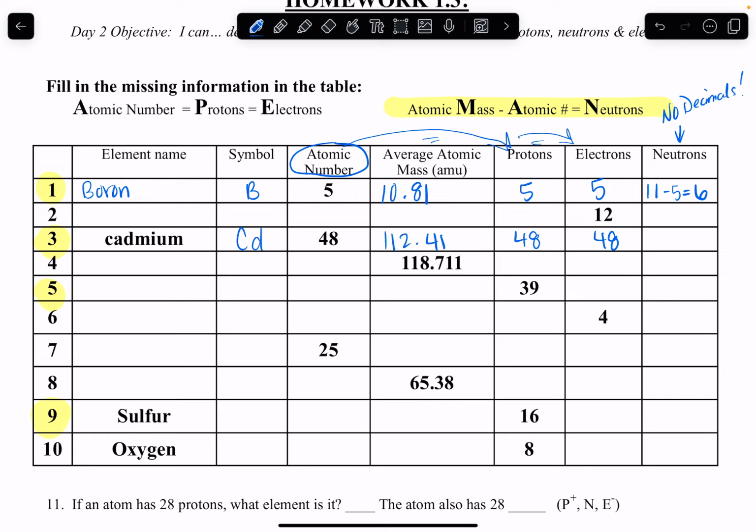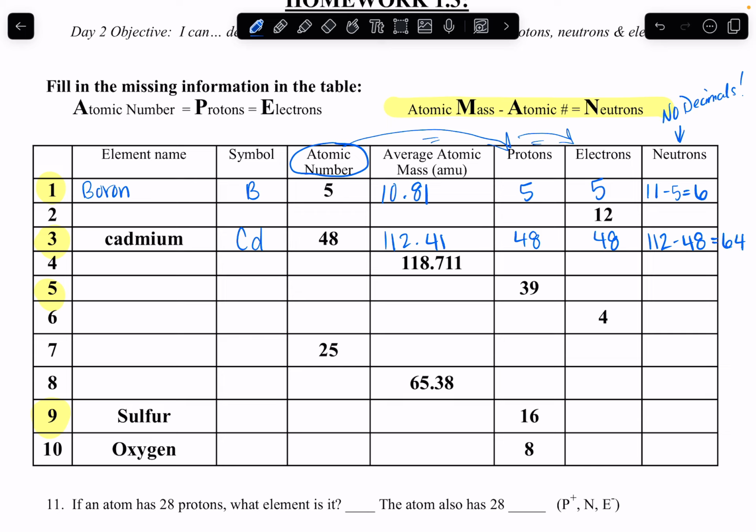Okay, to find the number of neutrons, I round my mass number. So 112.41 is rounded to 112 minus 48. And I'm not great with mental math, so I'm going to find my calculator. 112 minus 48 is 64. That's how many neutrons I have.